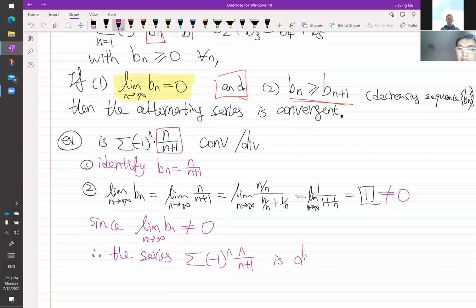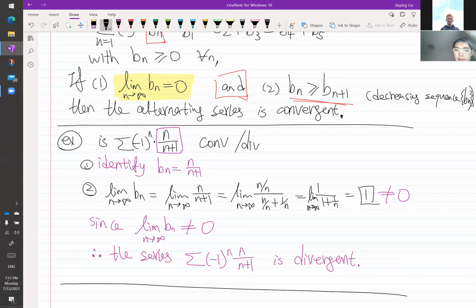It is divergent. We need both conditions to be satisfied in order to be convergent. If one of them is not satisfied, then it's not convergent.